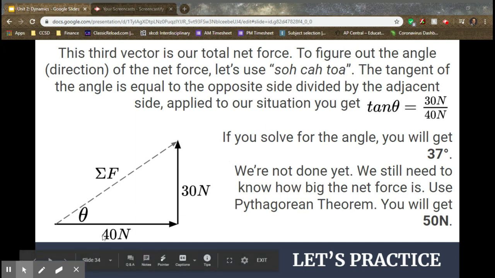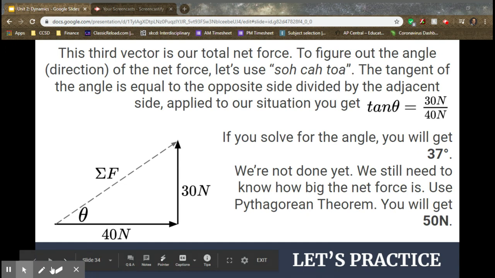Tangent is going to be most useful right here. So we have tangent of theta equals opposite side 30 newtons divided by our adjacent side, which is 40 newtons. Now, if you do an inverse tangent on both sides, because you have to do the same thing to both sides, you'll get an angle of 37 degrees.